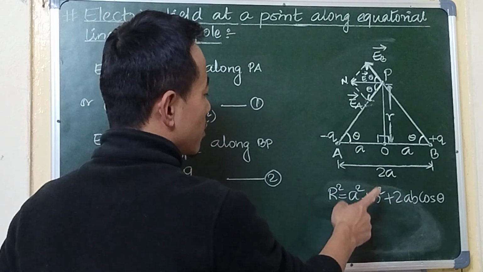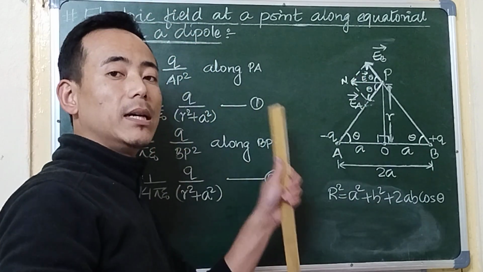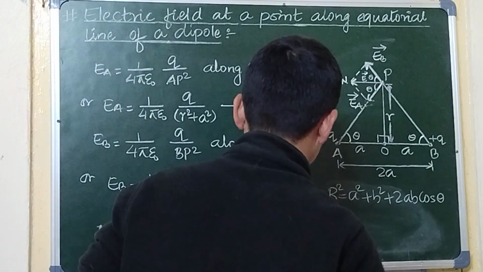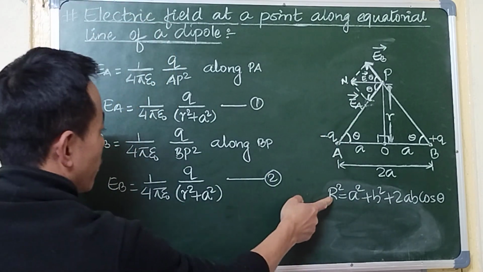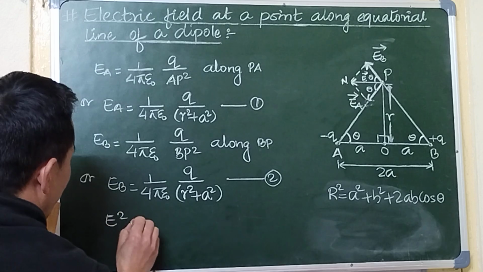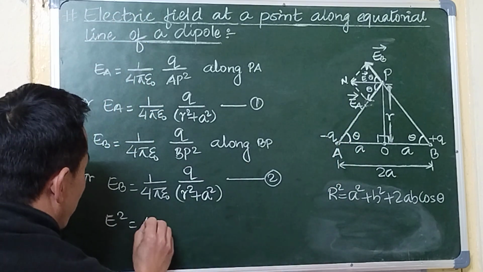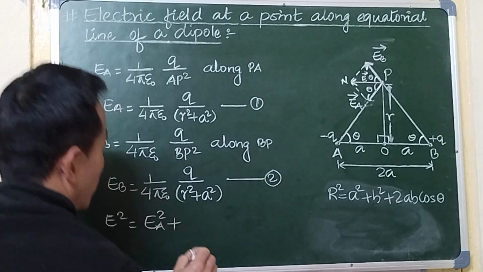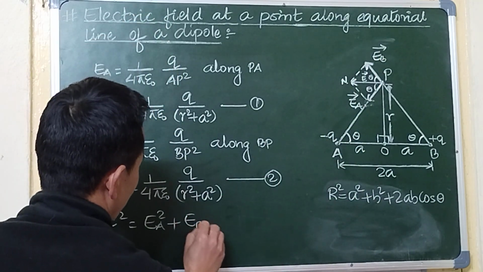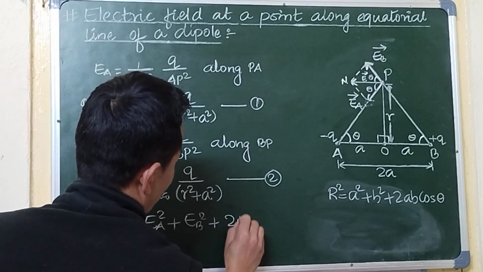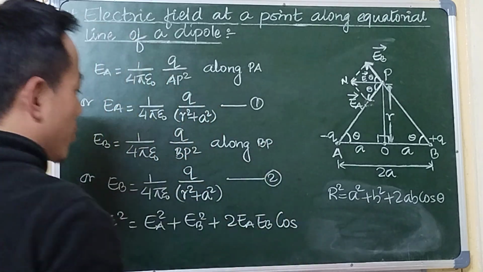So we will apply this formula to find the magnitude of this resultant field E. So our resultant electric field is E. Instead of r square we will write E square equals the first vector, instead of a we have EA, so we will write EA whole square plus the second vector b is our EB, so we will write EB square plus twice EA EB. And here you have to be careful.